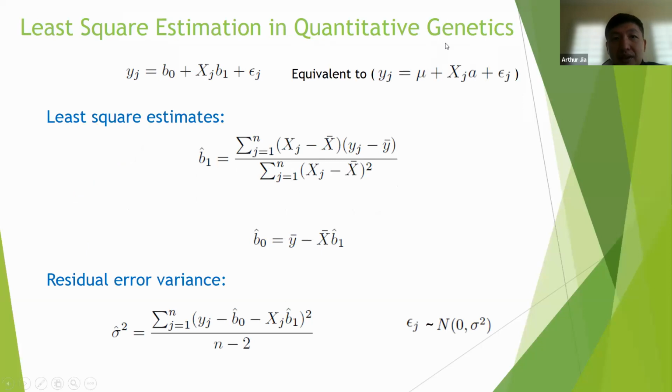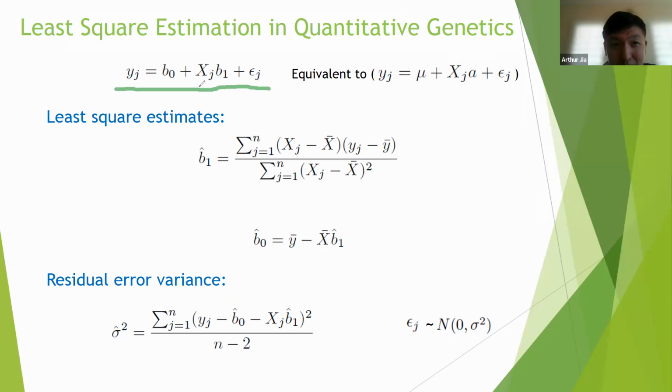All right, the least square. We're still talking about the backcross design. Sometimes I just use different notation. I hope I didn't bring a lot of confusion. This is the linear regression model we use for a backcross design, right?